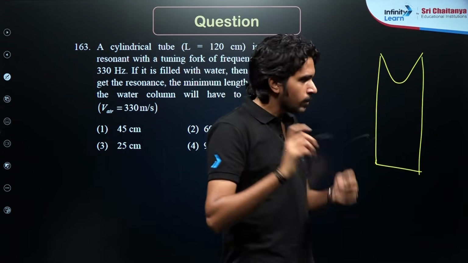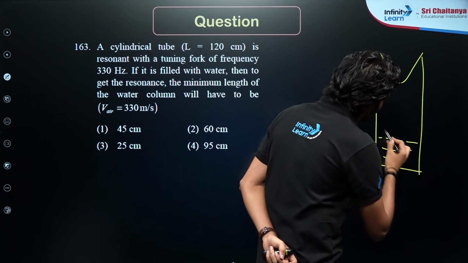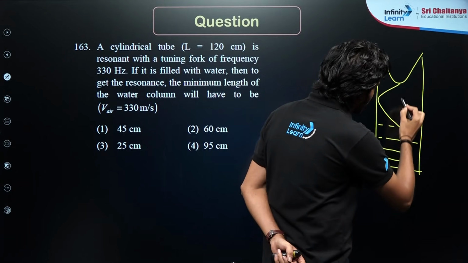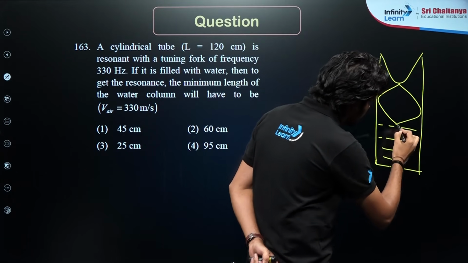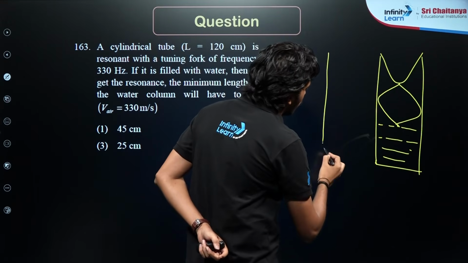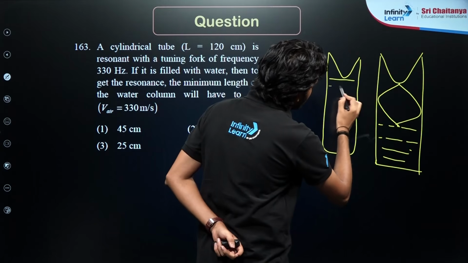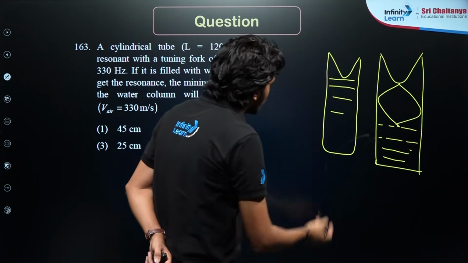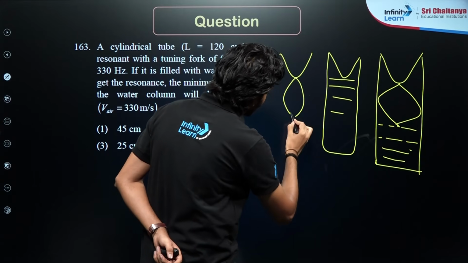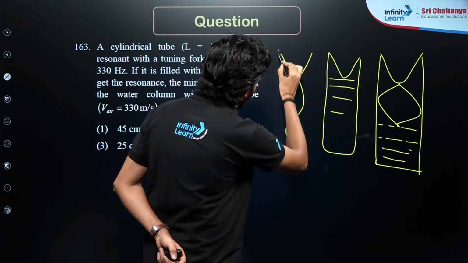Now if you are filling water, let's say up to some extent, like up to here, then on the closed end this will be the configuration, or you can fill the water up to here, or there could be more and the water is up to here.